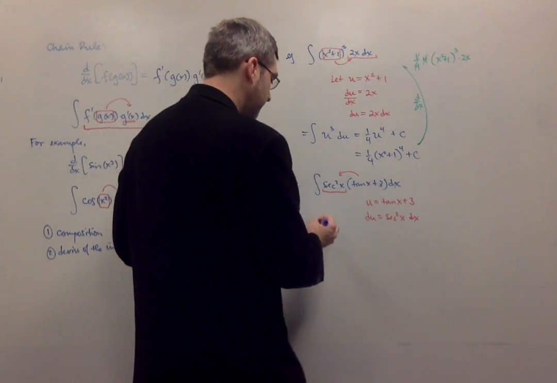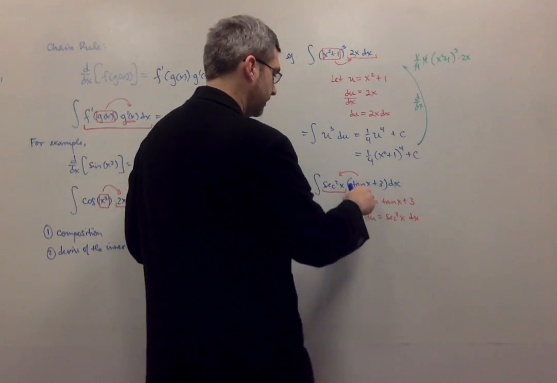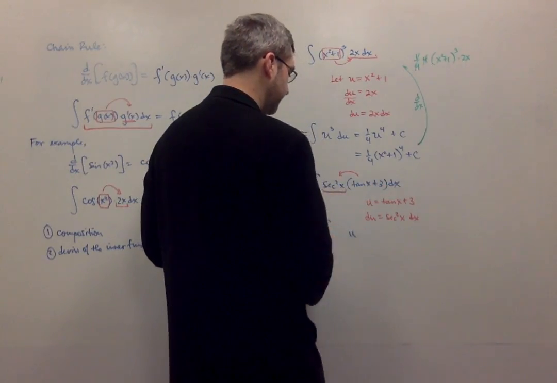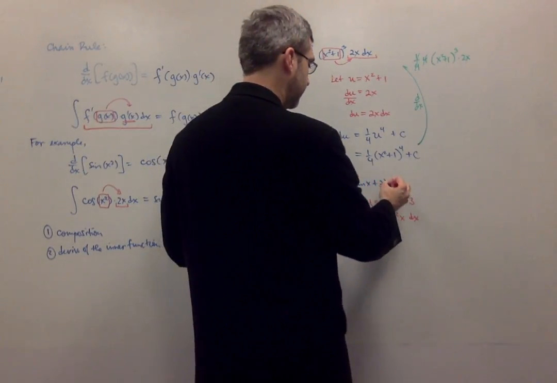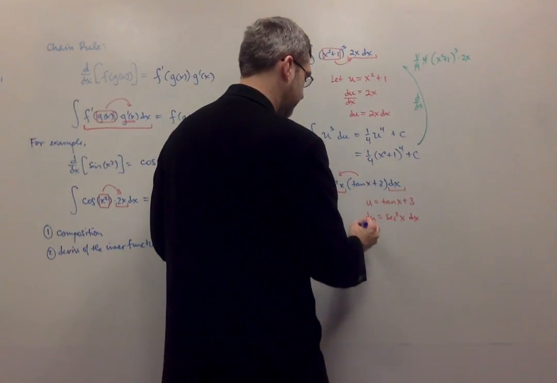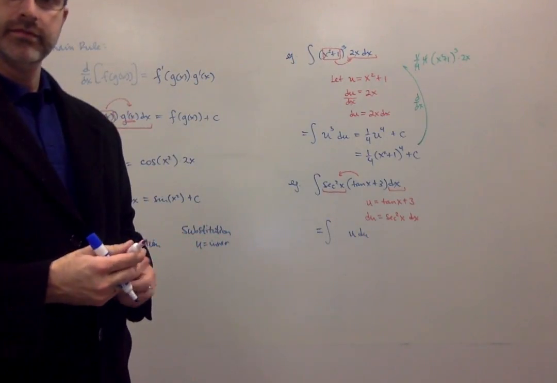So substituting back in, tangent x plus 3 is just going to be my u. And this secant squared x times dx, all of that is just my du. You see that?